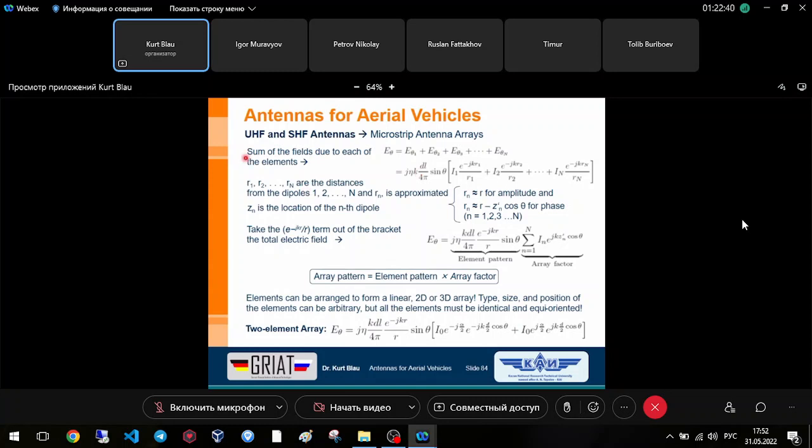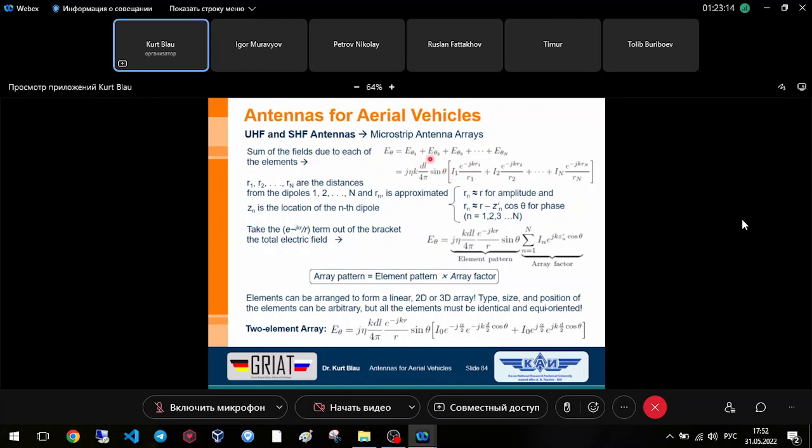Then we can take out this term here, coming from our dipole, J, then our 120 pi wave impedance, and then here we have the current distributions multiplied.